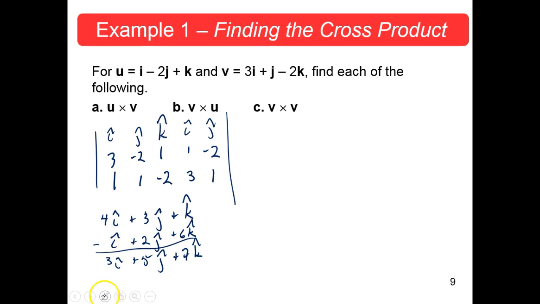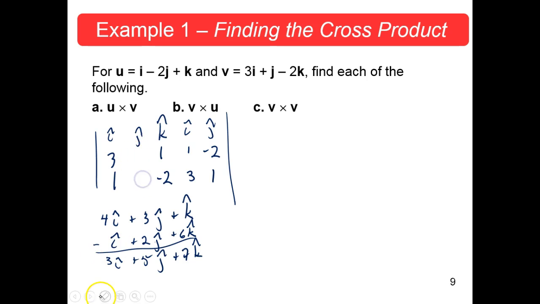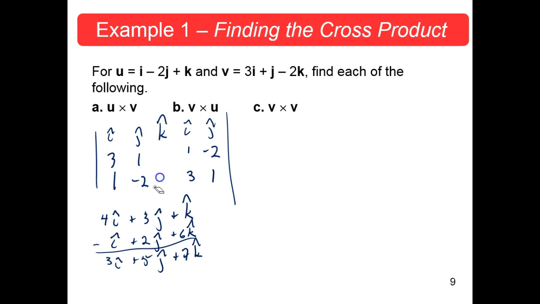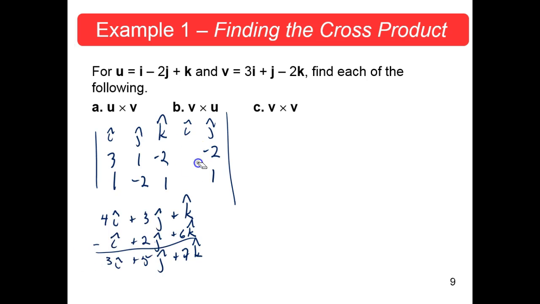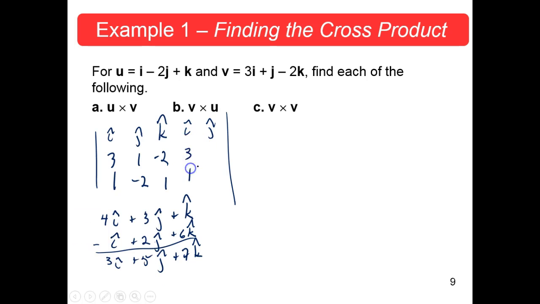We'll swap these 2 and make it 1 and negative 2. We'll swap this and make it negative 2 and 1. And we'll swap those 2 again. We'll just repeat those 2 so I don't have to worry about keeping up. 3, 1, you just repeat these 2, 1, negative 2.